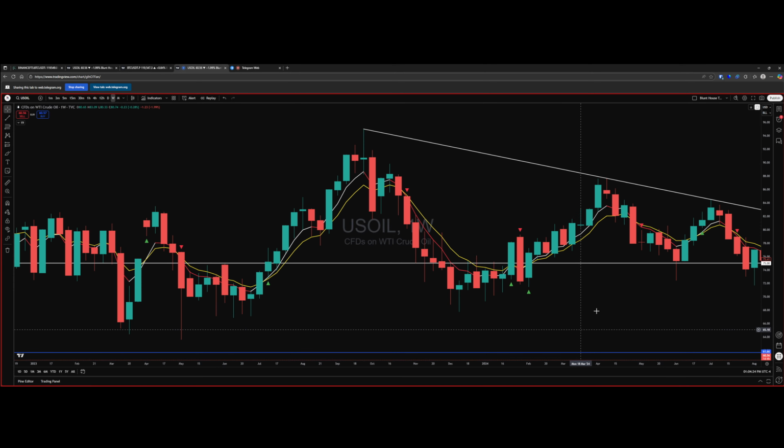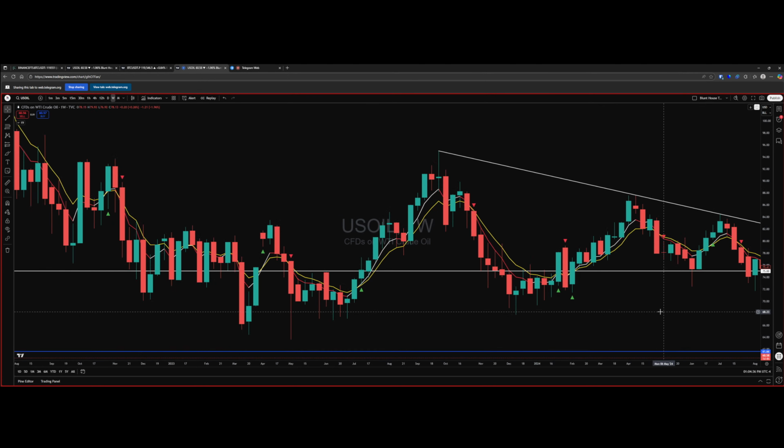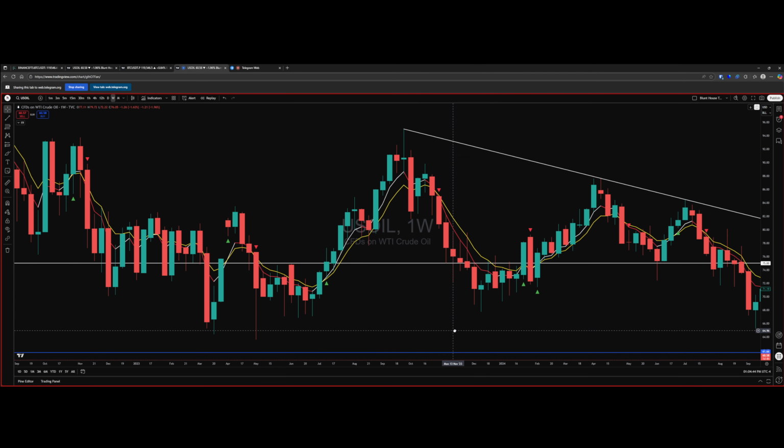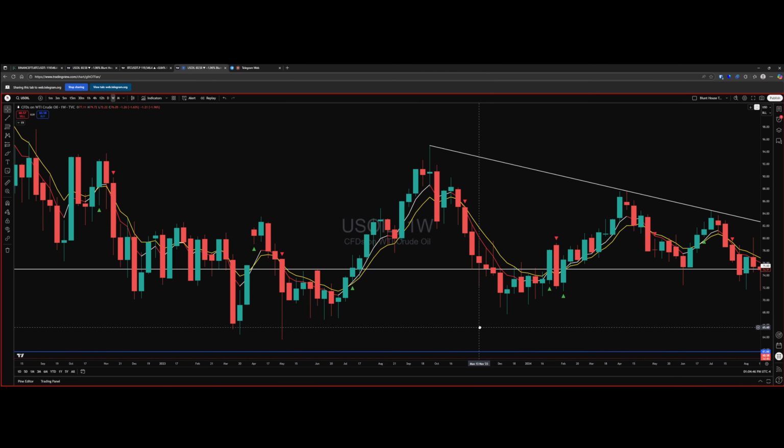But here we are. And so, a short-lived little run, maybe a month, and then it fails at a significant level. What are we doing here? We're making lower highs. Are lower highs the sign of bull moves or bear moves? Bear moves. Now we lose support.